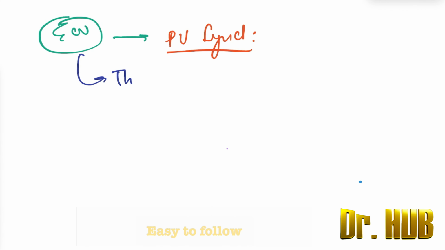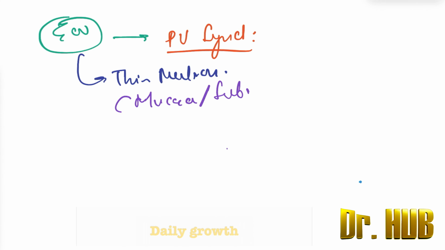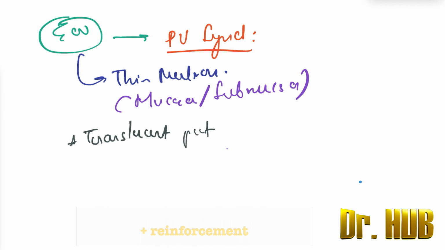They consist of mucosa as well as submucosa. There is also a translucent part which denotes the esophageal web.